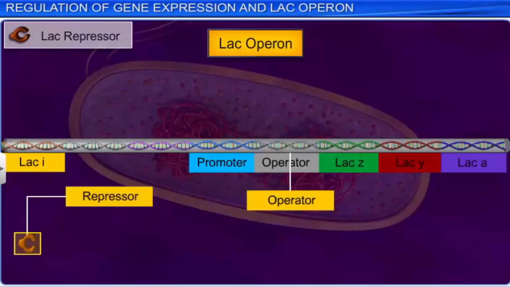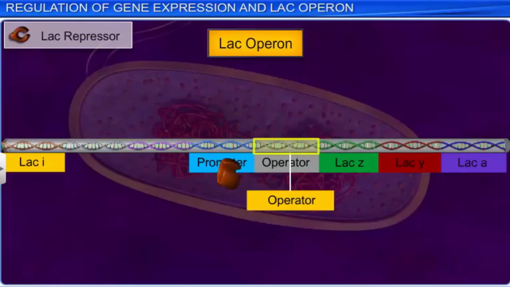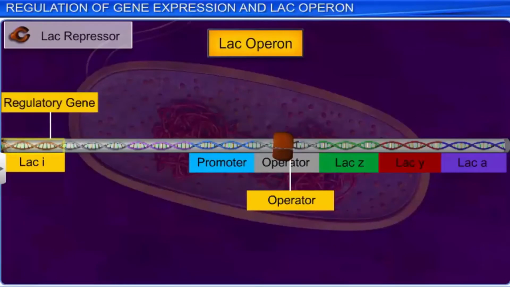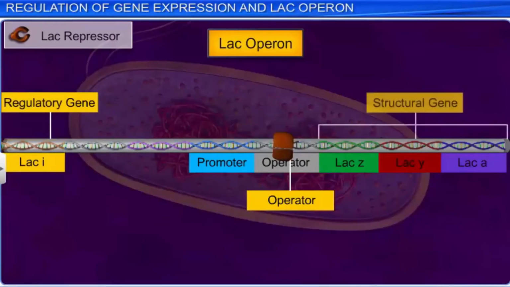For example, the lac operator is present only in the lac operon and it interacts specifically with the lac repressor. The lac operon consists of one regulatory gene, or I gene, and three structural genes, lac Z, lac Y, and lac A.